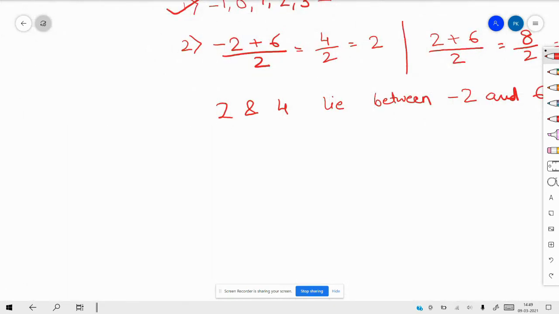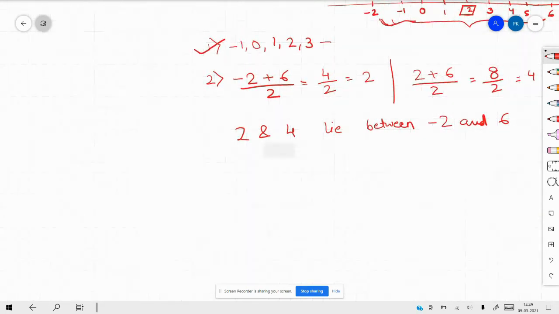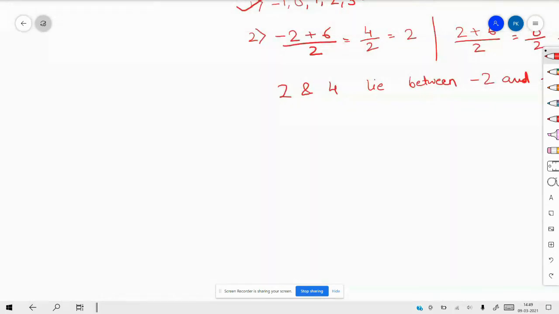The next question is, like we said, -2 and 6 are simple ones, so it is very easy. You can directly find the numbers that lie between -2 and 6, on the number line or even without a number line. But what if we have to find two numbers between -2 by 3 and 1 by 4?